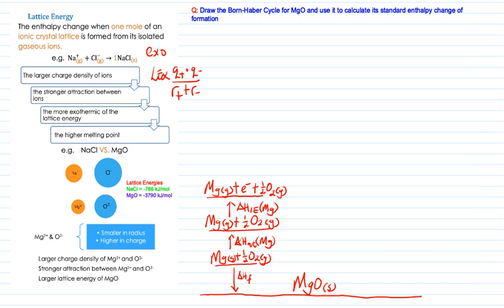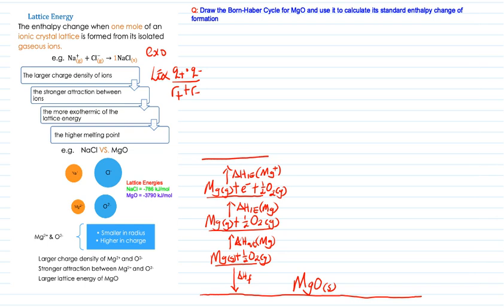Then next it's enthalpy change of second ionization energy of magnesium. So we are losing an electron from the magnesium ion.